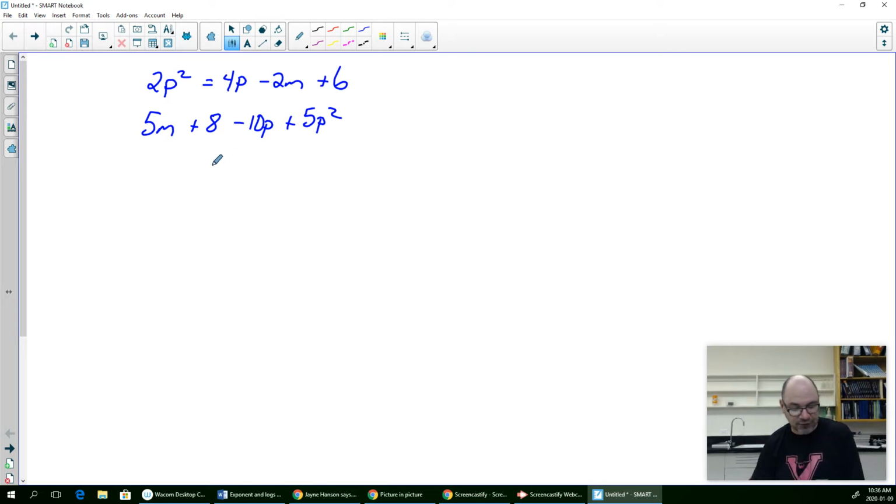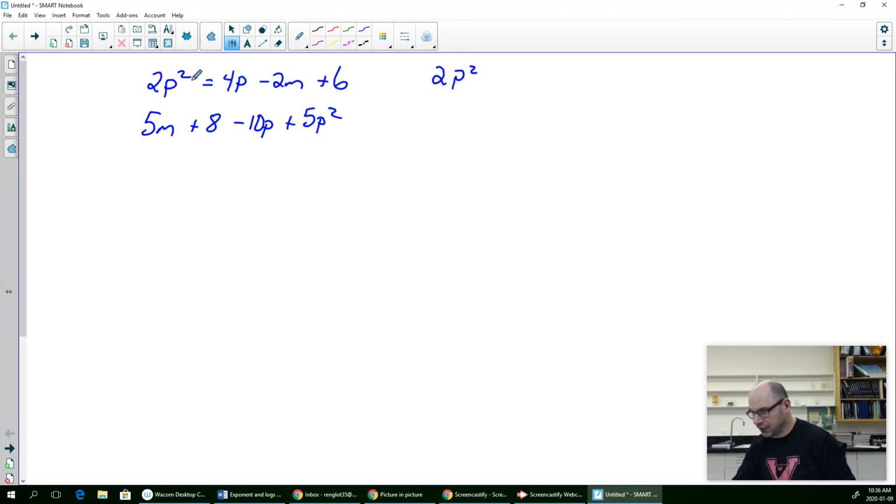So elimination means that we're going to eliminate one of the variables if we can help it, and figure out what it is. So we have to arrange it in the proper order.